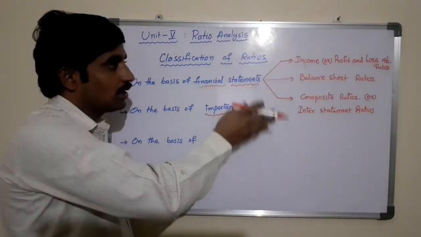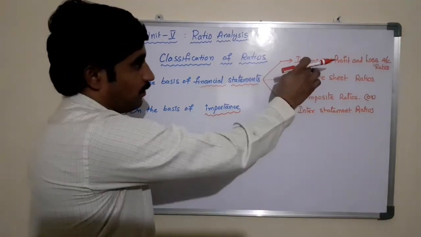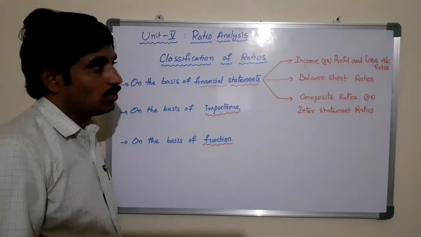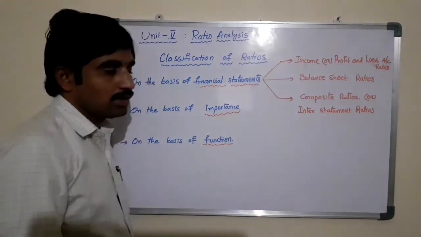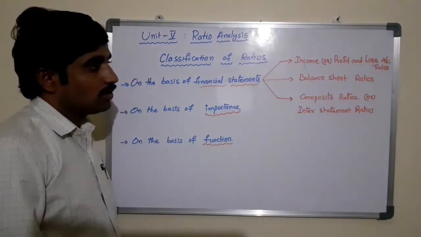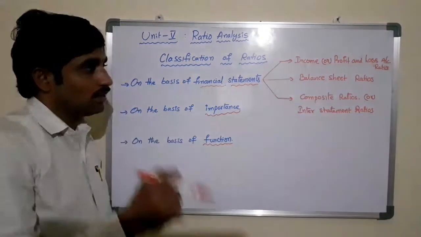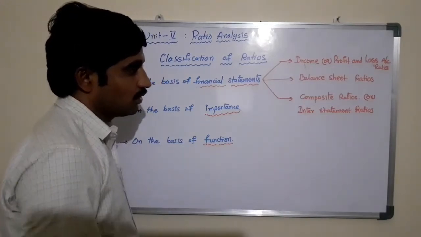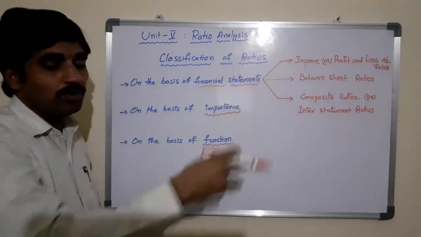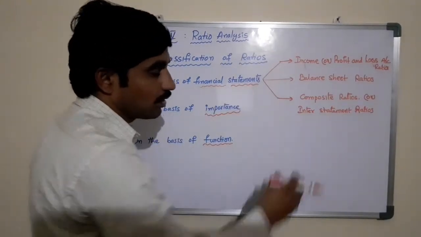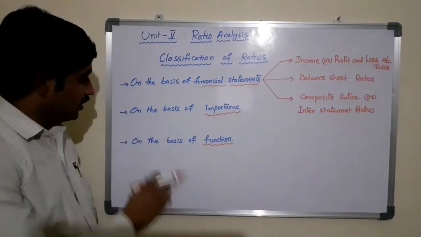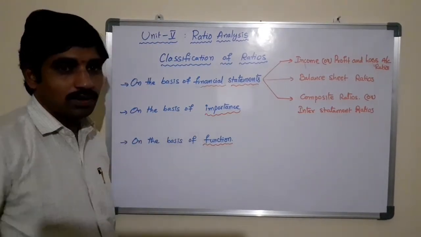The ratios using data from the profit and loss account are known as profit and loss account ratios. The ratios using data from the balance sheet are called balance sheet ratios. The ratios using data from both statements are known as composite ratios or inter-statement ratios.